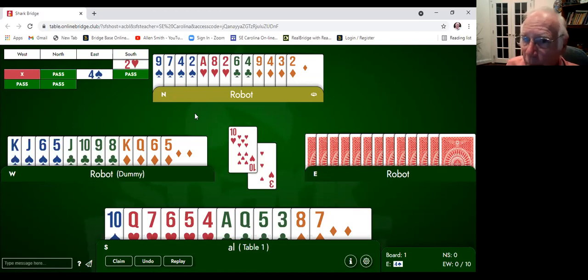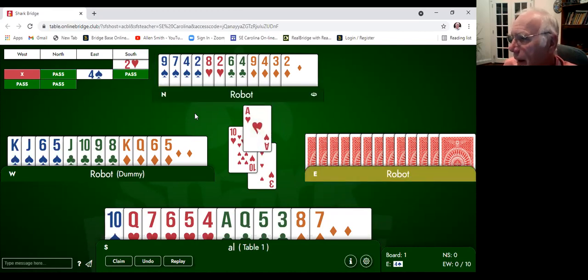Note that there was a singleton heart, and our partner can give us a suit preference signal if they don't take the trick. But in this case, our partner actually wins the trick.